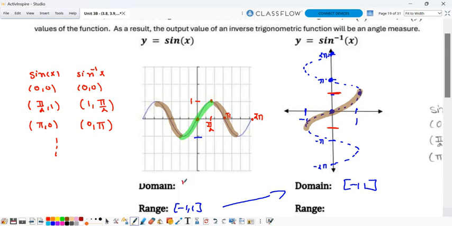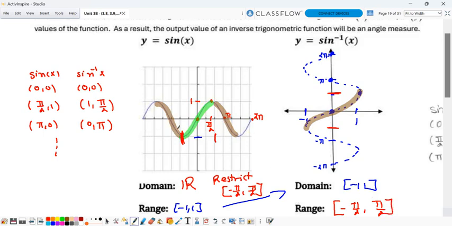The domain of sine is all real numbers, but we need to restrict the domain to negative pi over 2 to positive pi over 2, which means the range is this.